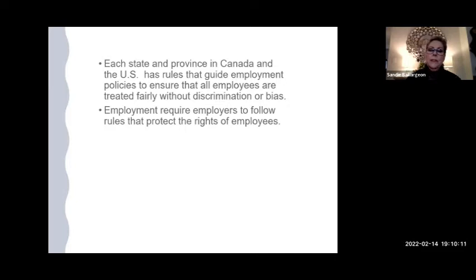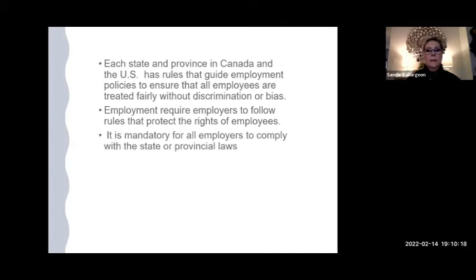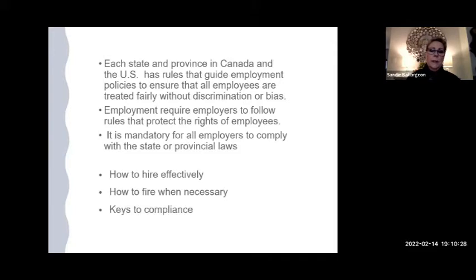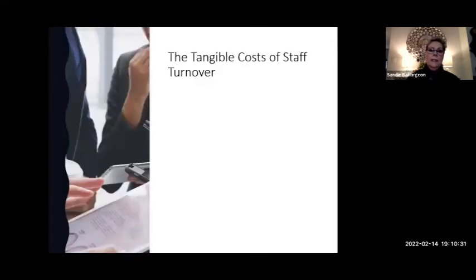Employment laws require employers to follow the rules that protect the rights of employees. That's really important. It's mandatory for all employers to comply with state or provincial laws. So we're going to talk about how to hire effectively and how to fire when necessary, which I've already mentioned. I just want to start with going through the tangible costs of staff turnover.